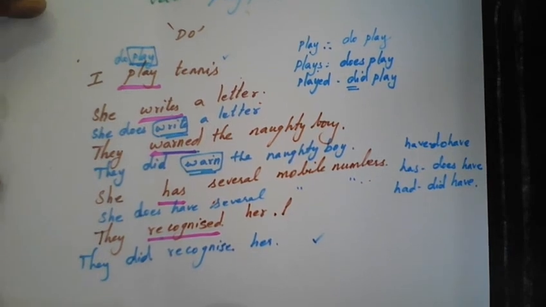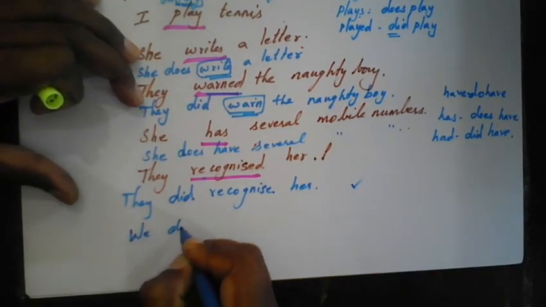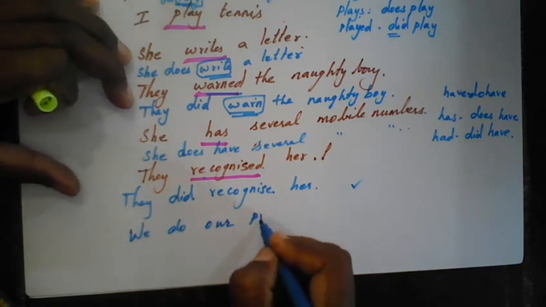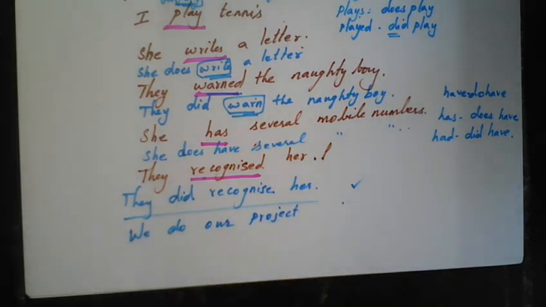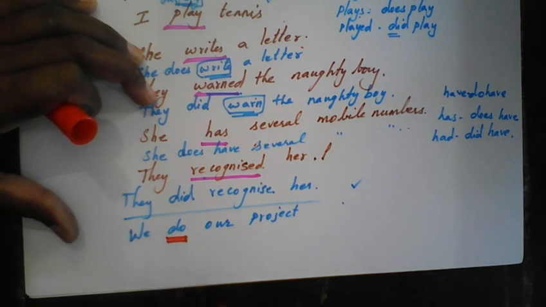Okay, now let me give you an example. See, "we do our project". In this sentence, what will be hidden, my dear? Any other thing hiding inside? Any guesses? Let me explain. The do verb also has something hiding inside.